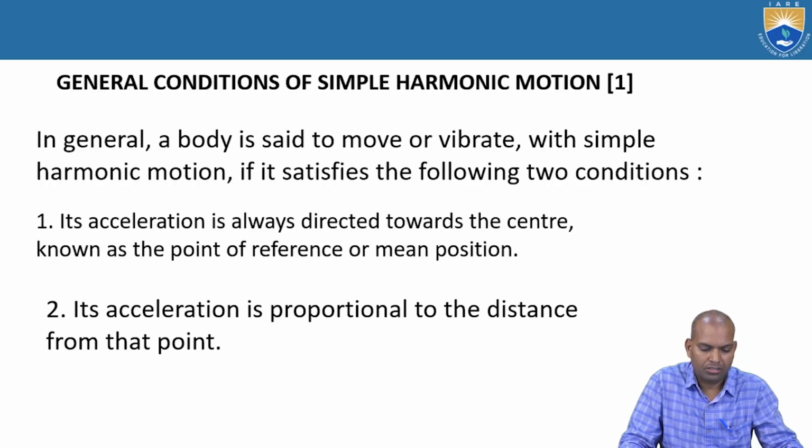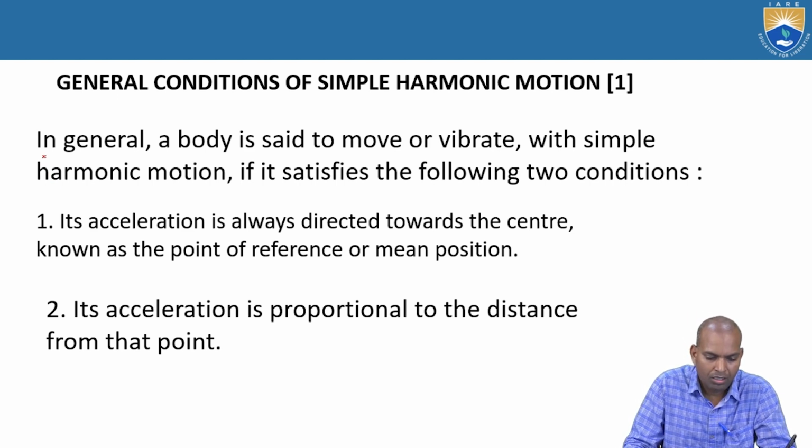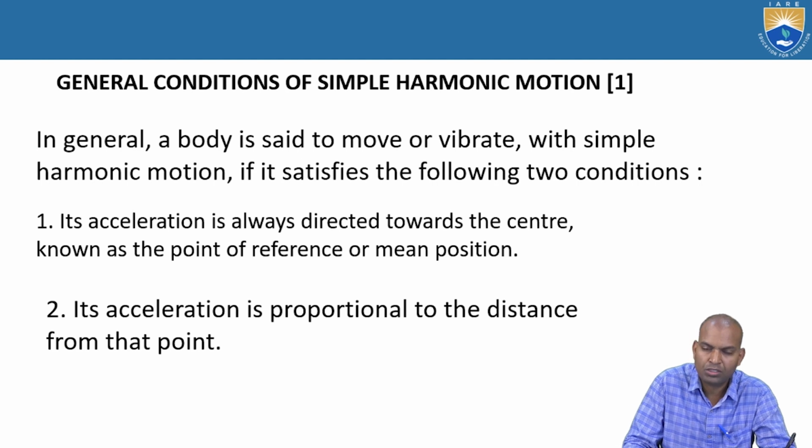Now, let us give a brief description about simple harmonic motion. For a body to move or vibrate with simple harmonic motion, it has to satisfy the following two conditions.